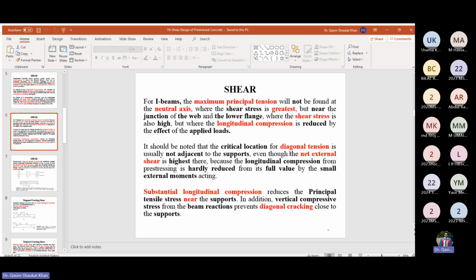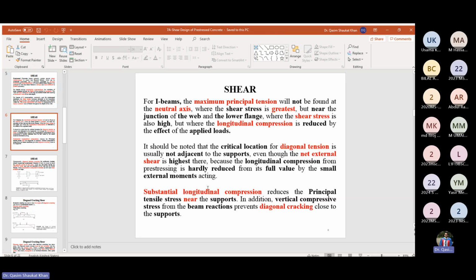Although the external shear is highest there, the reason is the longitudinal compression from the pre-stressing is very large, and the longitudinal tension from the bending moments is very small.